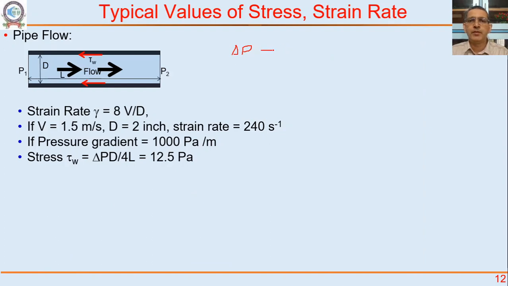Delta P, let me write that, is 32 mu V average L by d square. So I can bring the d here, this will go away. I can bring the L here, this will go away, and I can bring 4 here, and that will leave me 8 here.